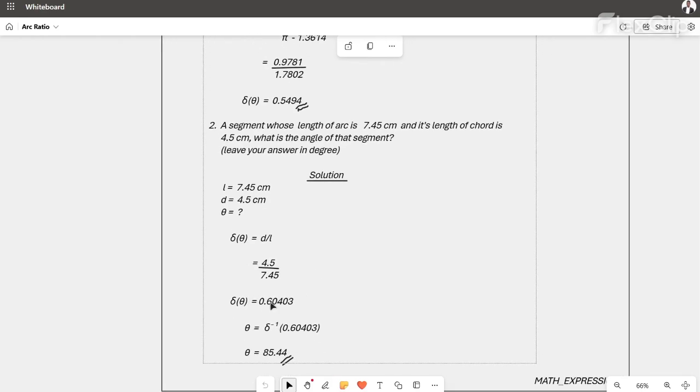If you do the fraction, delta theta will give you 0.60403. Then theta is equal to delta inverse of 0.60403. From this function, theta will give you 85.44. Now let's use our calculator to confirm that.